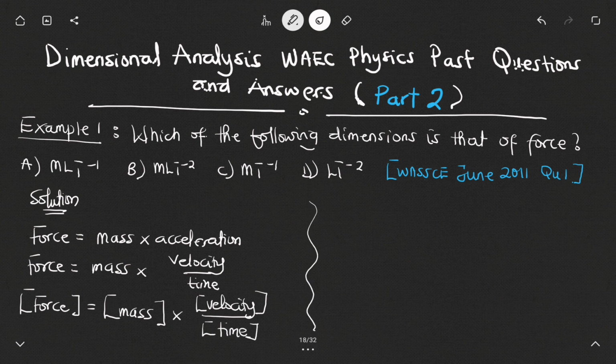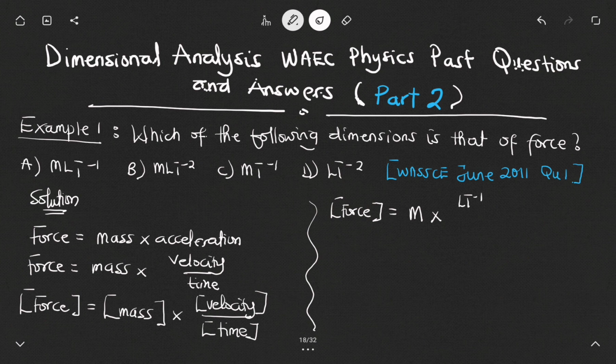Okay, and this will be equal to the dimension for force, which will be equal to the dimension of mass, which is M, multiplied by the dimension of velocity. We know that velocity is distance over time, and that will give us LT minus 1. So the dimension for velocity is LT minus 1.